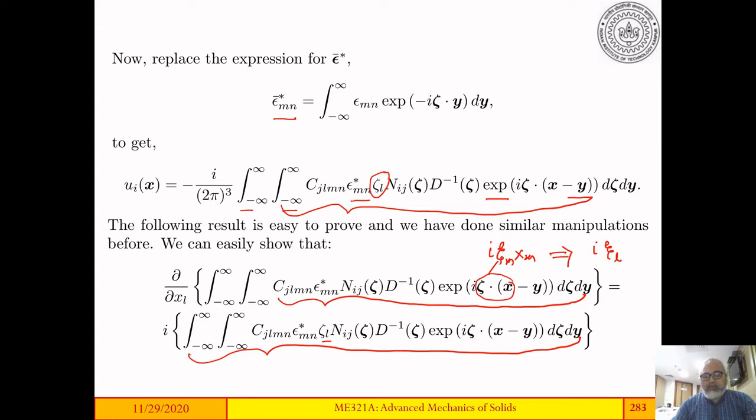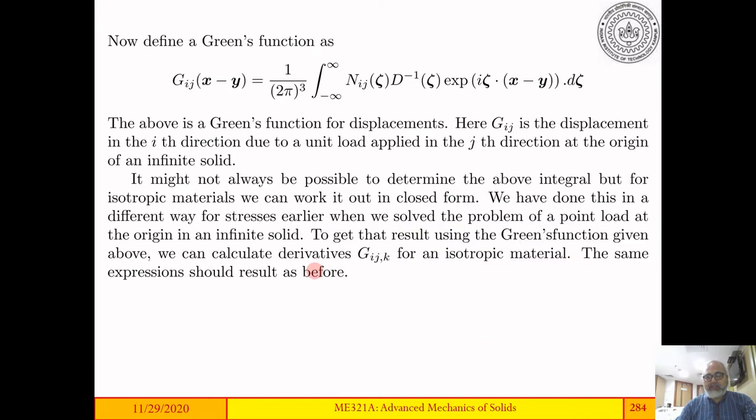Now let us start with this integral with everything except the epsilon mn star. Let us define a Green's function as Gij, which is the entire integral there except for the epsilon star mn part.